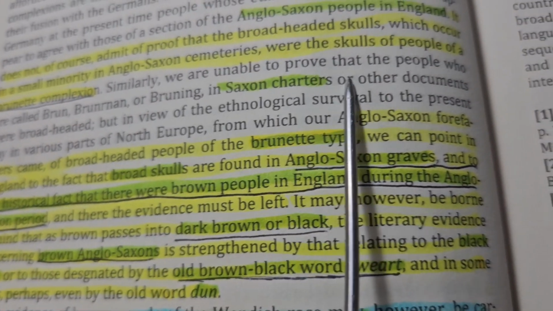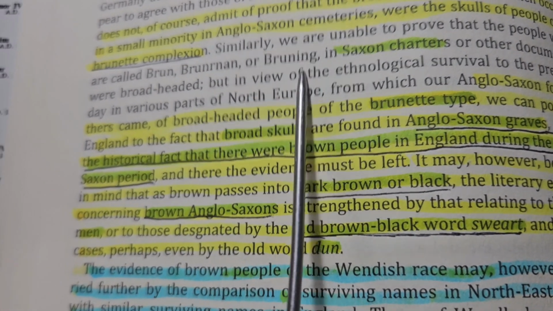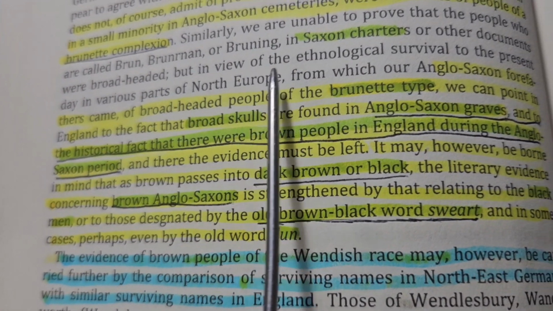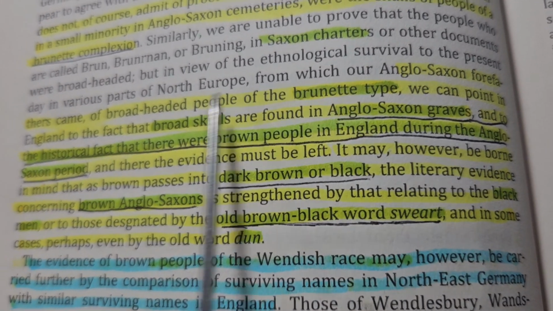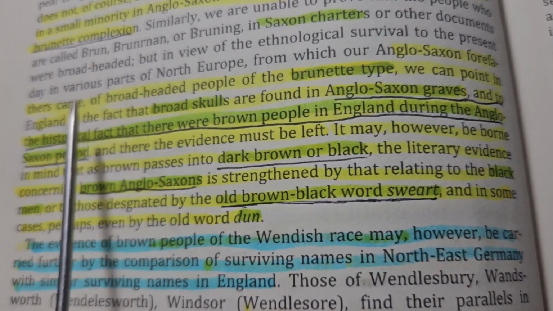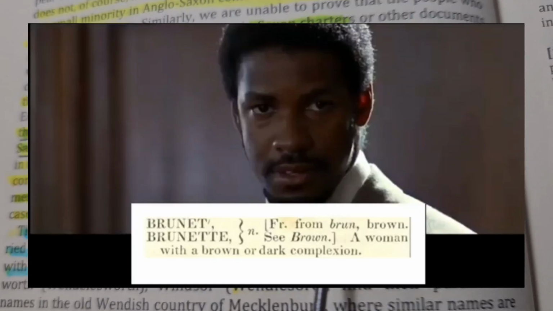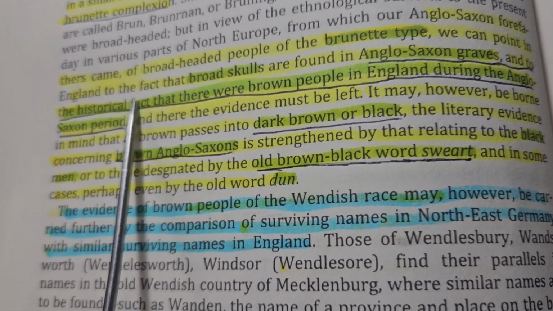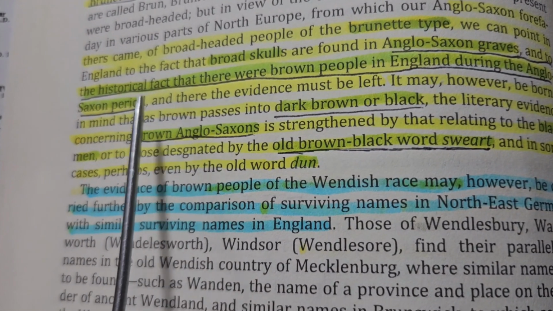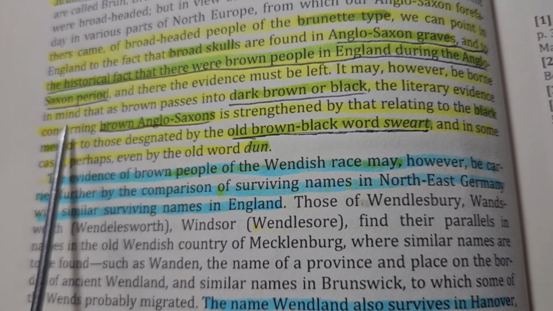Similarly, we are unable to prove that the people who are called Bronneren or Brunning in Saxon charters or other documents were broad-headed, but in view of the ethnological survival to the present day in various parts of North Europe from which our Anglo-Saxon forefathers came, which were dark or so-called black, or broad-headed people of the brunette type, we can point in England to the fact that broad skulls are found in Anglo-Saxon graves and to the historical fact that they were brown people in England during the Anglo-Saxon period.